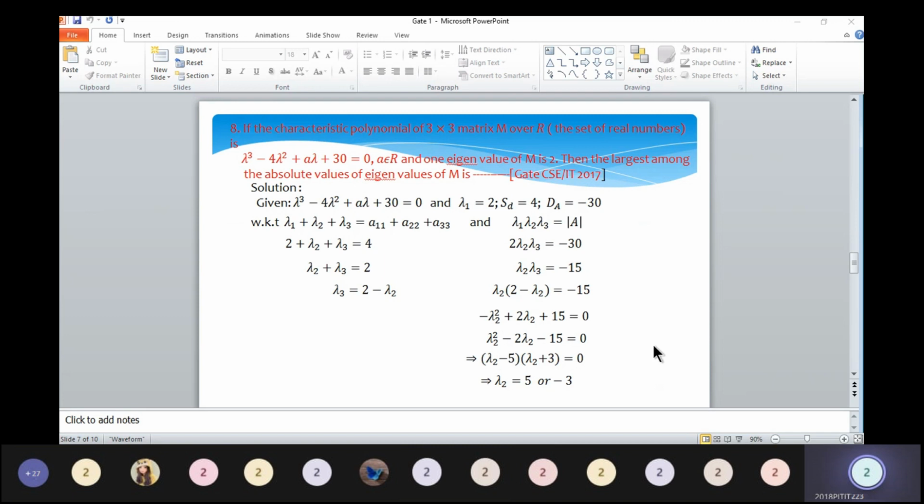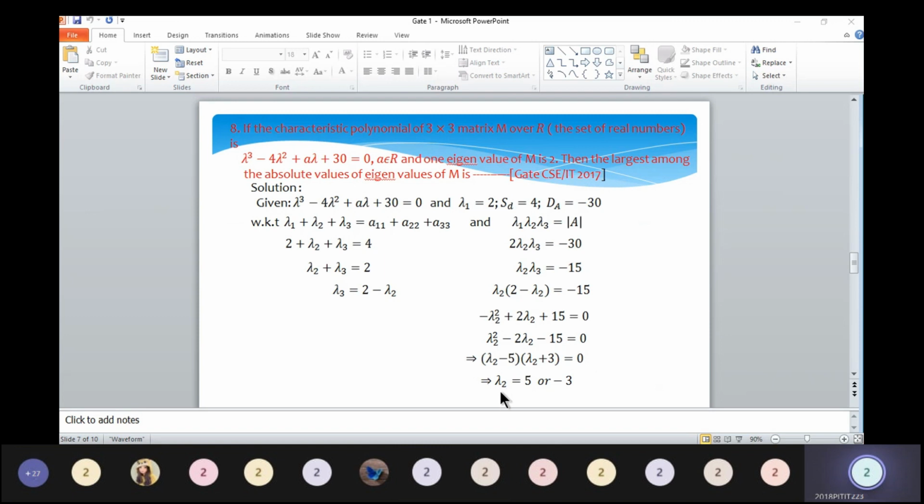Factorization: the factors of 15 are 1 into 15, or 5 into 3. The sum must be minus 2, so minus 5 plus 3 is minus 2, and also minus 5 into 3 is minus 15. So all things are coming.